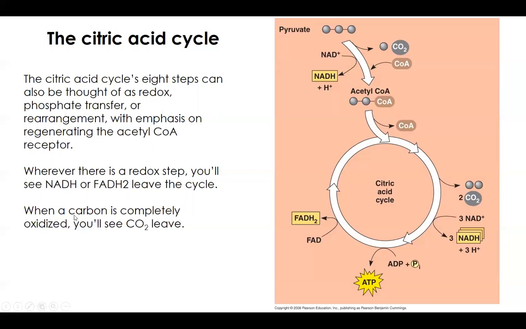And when a carbon is completely oxidized, we will see carbon dioxide leave. Okay, so we're going to be trying to also keep up with the tallies as we go so that we end up oxidizing fully all 6 of those carbons from glucose.